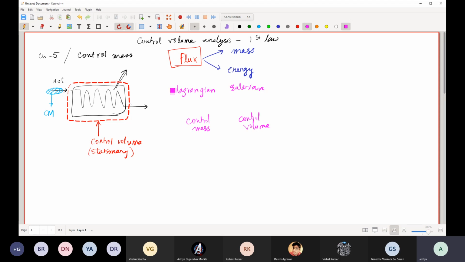This is from fluid mechanics literature. Anyone? So Lagrangian is control mass. Very good. Eulerian is control volume. Very good. So this is the one-to-one mapping between fluid mechanics and thermodynamics.